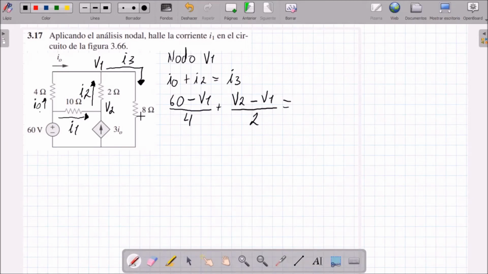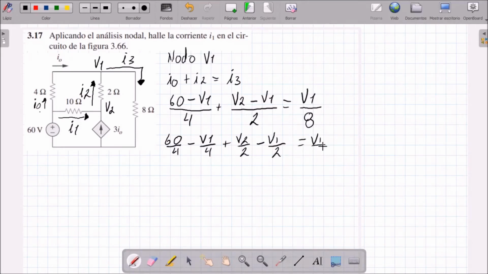I'm going to take it as B1 over 8 ohms. Ready, I start applying it. This would be 60 over 4 minus B1 over 4 plus B2 over 2 minus B1 over 2 equals B1 over 8.